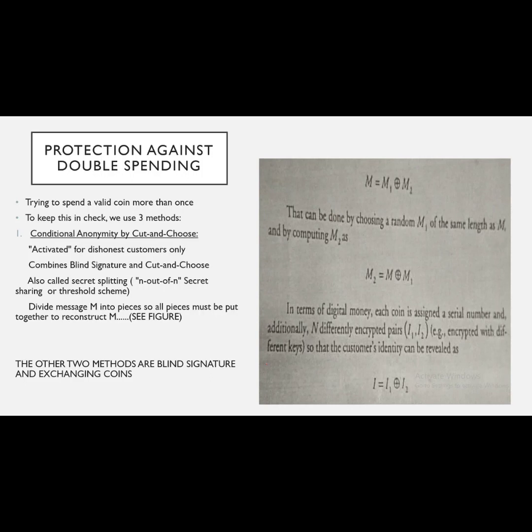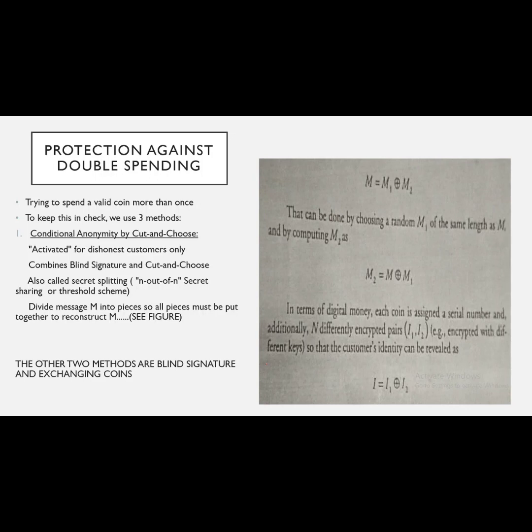There are n differently encrypted pairs. If n is equal to 100, then there are 100 differently encrypted pairs I1, I2, etc. So the merchant requires the customer to decrypt either I1 or I2 from all of these messages. That is, from N1 he decrypts I1, from N2 he decrypts I2, from N3 he can decrypt I1 again or I2, whatever he likes.